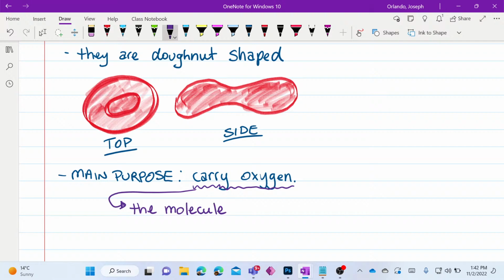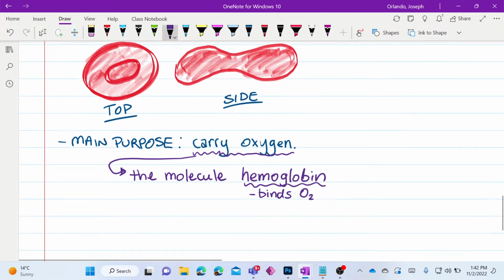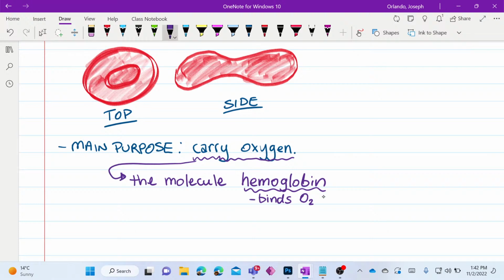And you'll see this spelled, the British spell it with that leading A again. We tend to spell it just with the E. Hemoglobin, hemoglobin. And hemoglobin binds oxygen on 4 iron atom binding sites.